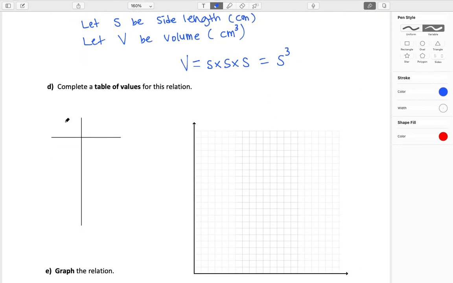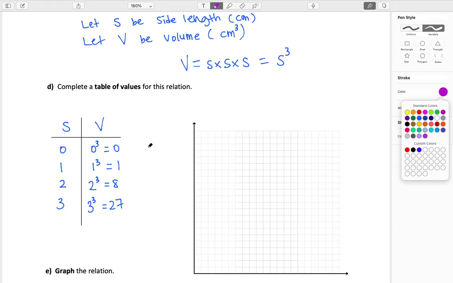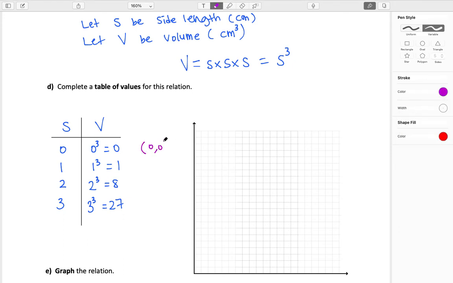So independent variable comes first and the volume dependent variable last. So we could start off by saying, okay, let's do 0, 1, 2, 3. If my side length is 0, obviously 0 cube is 0. If it's 1, 1 cube is 1. 2 cube is 8. And 3 cube is 27. Don't forget, it's 2 times 2 times 2. So if I have to rewrite this in an ordered form, it will look like this.